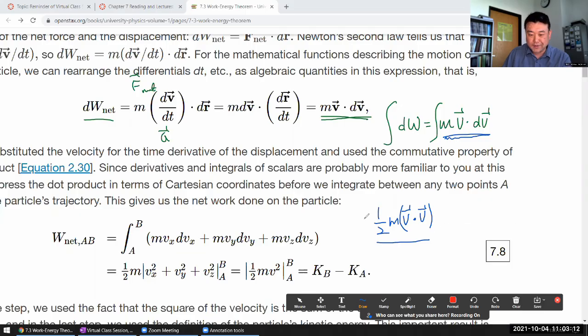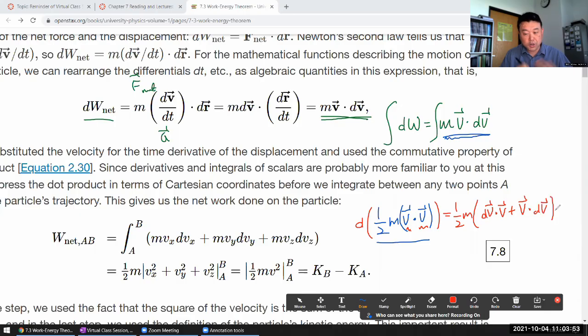And if I imagine taking just a derivative or differential of this, then I would say, okay, 1/2 m, those are all constants, so I have 1/2 m. And okay, these are now my variables. I need to take a derivative. They look like a product, so I can probably use the product rule. So I have the derivative of the first one, product with the second one that hasn't been taken derivative of, plus the first one, product with the derivative of the second one.